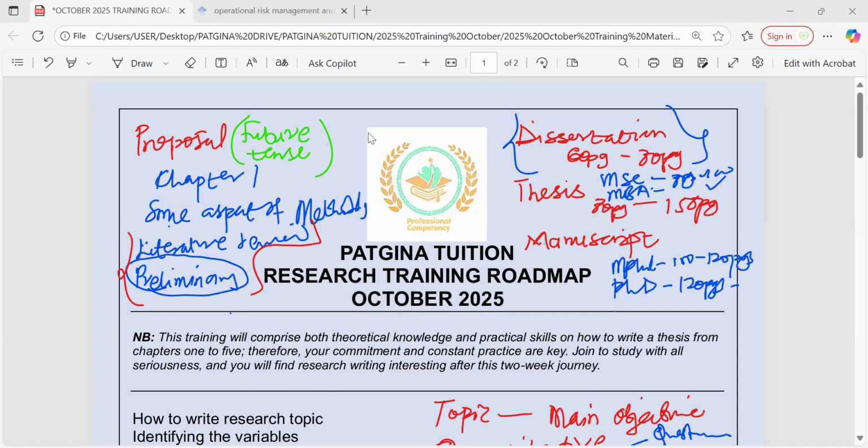Let me give you this clue. This is what you can do to help yourself. You can get, let's say, 4 or 5 people in mathematics who want to learn the same, right? Then you book it with the administrator on our page. I hope you are on the Pagina Tuition page. Then we meet you online like this.